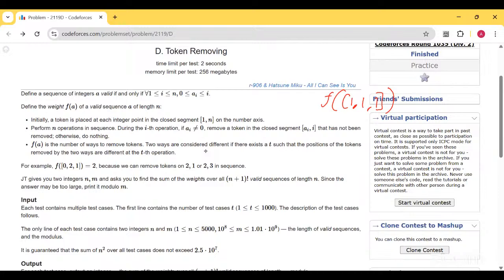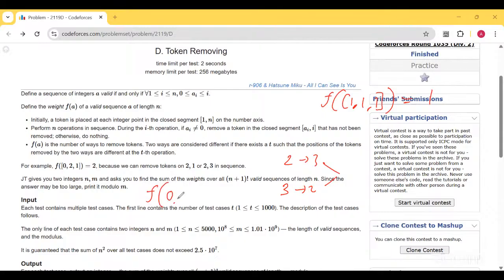So when we remove token 2 and then token 3, and when we remove token 3 and then token 2, they are considered different ways. But okay, yes, I think it is equal to 1, sorry. Yes, because we must remove 1, 2, and then 3. All right. Yes, that's correct.